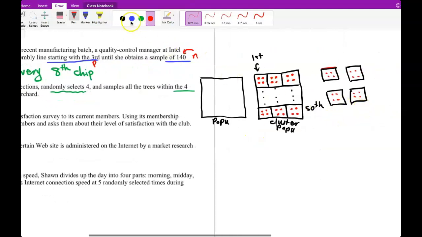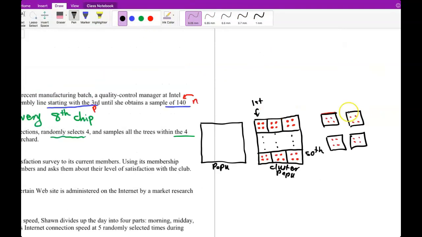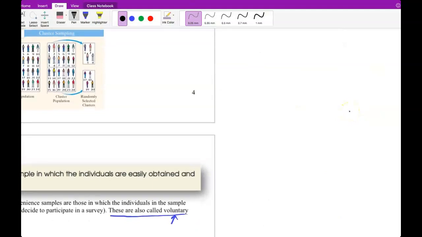So this part is a cluster sample, or you can say randomly selected clusters.